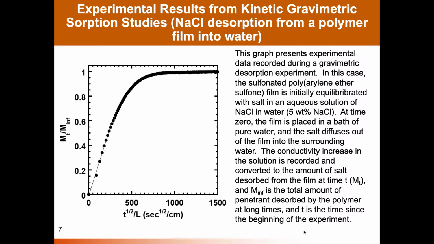This is an example of salt desorption from a polymer into water. This is the analog experiment that I showed you a moment ago, where a membrane has been equilibrated with salt and water and then put into deionized water.